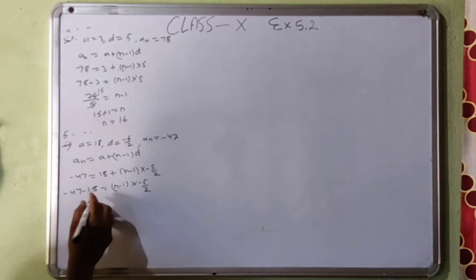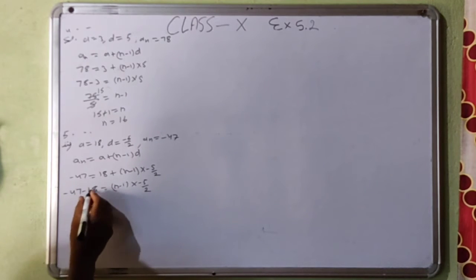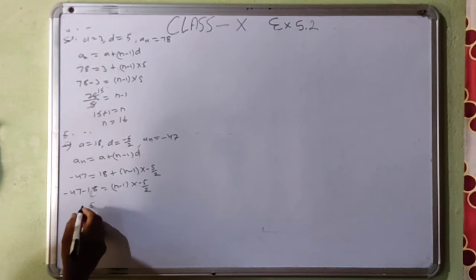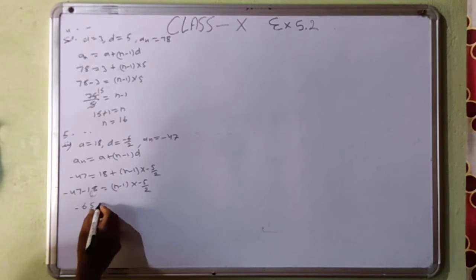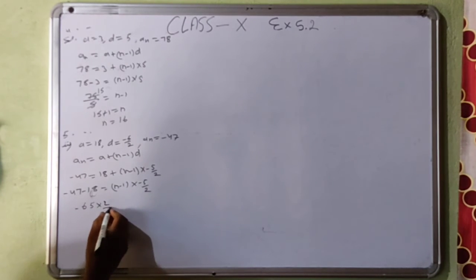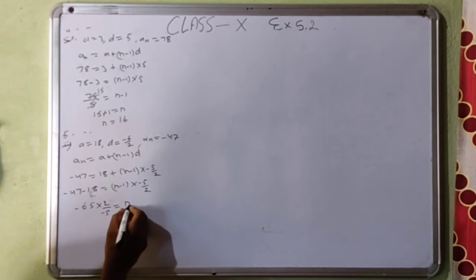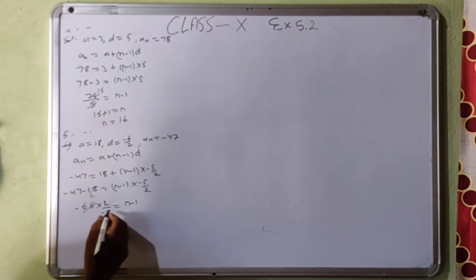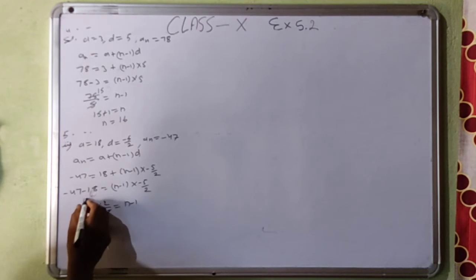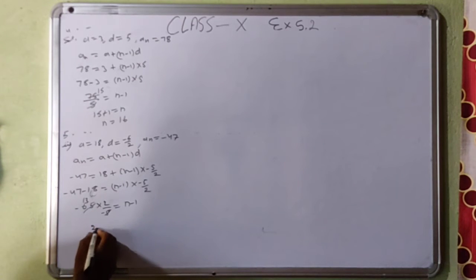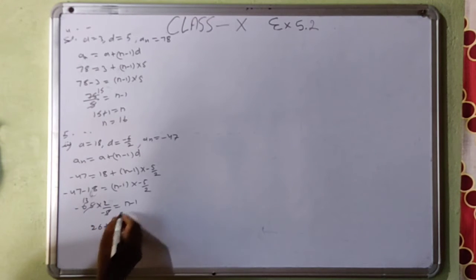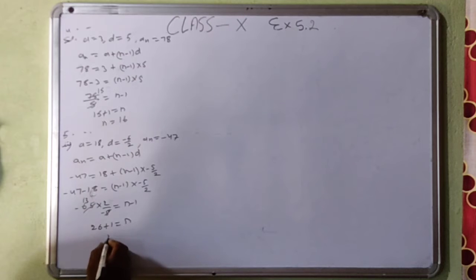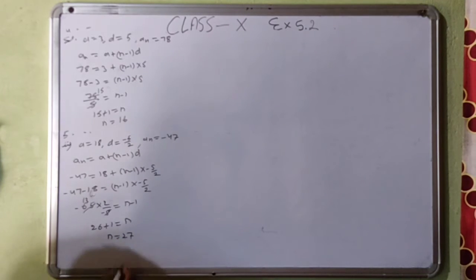So this will be minus 65, and then multiply 2 upon minus 5 is equal to N minus 1. 5 13s are 65, so minus minus plus 13, 26 plus 1, that is N. So N is equal to 27.